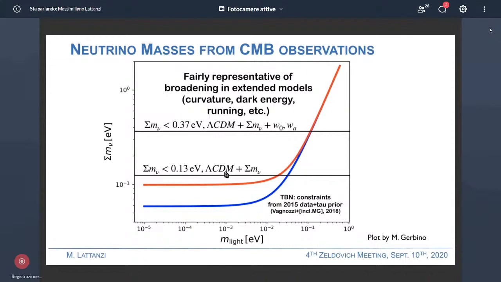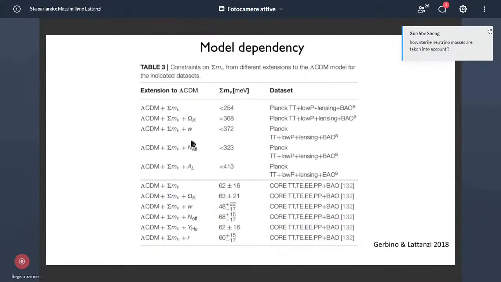You see that when you, for example, study models with dynamical dark energy, the limit basically gets degraded up to 0.37 eV. Again, here we have a more detailed table that comes from a review that I wrote together with Martina Gerbino, and you see the limits.